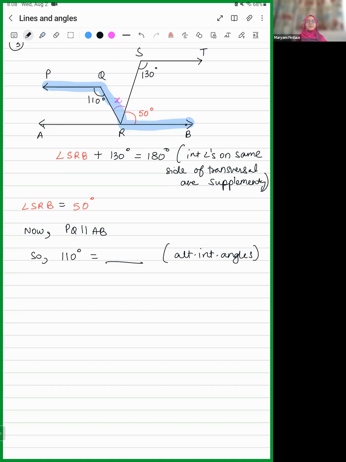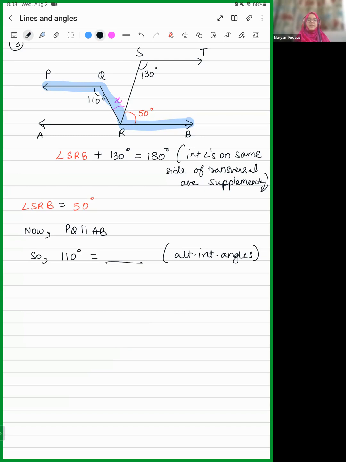Can you see the Z being formed? So the Z means what are alternate interior angles? The angles which are at the tips of the Z. If this is the Z, then these two angles will be the alternate interior angles. So the alternate interior angle for angle PQR is angle QRB, and that is 50.